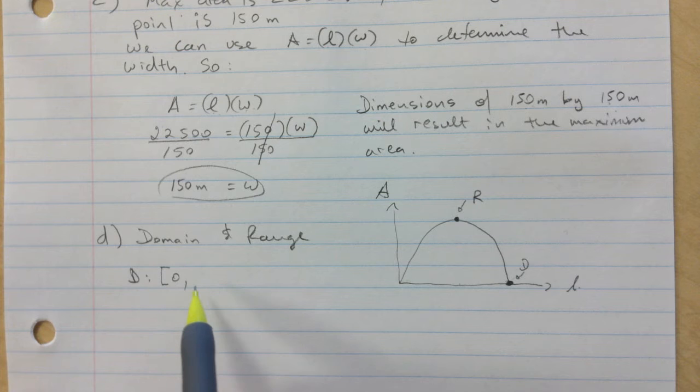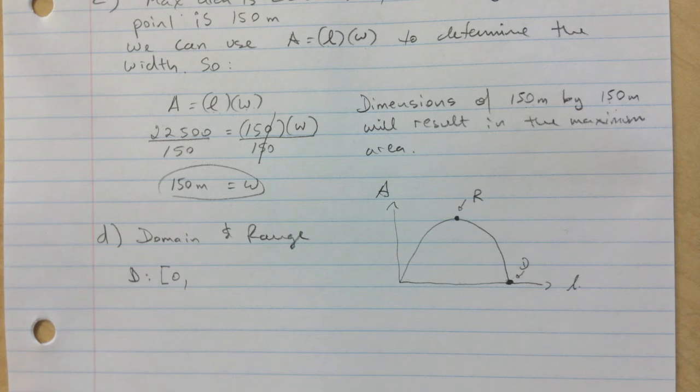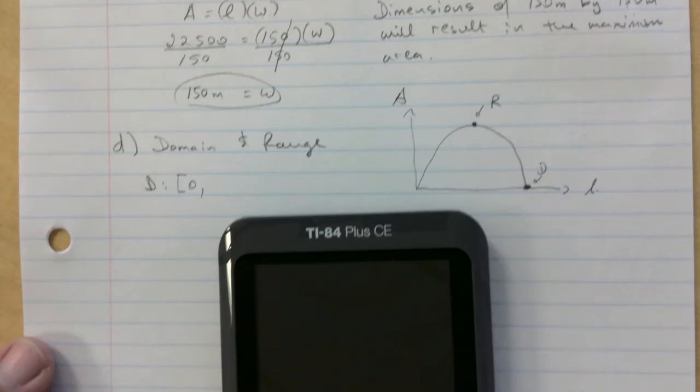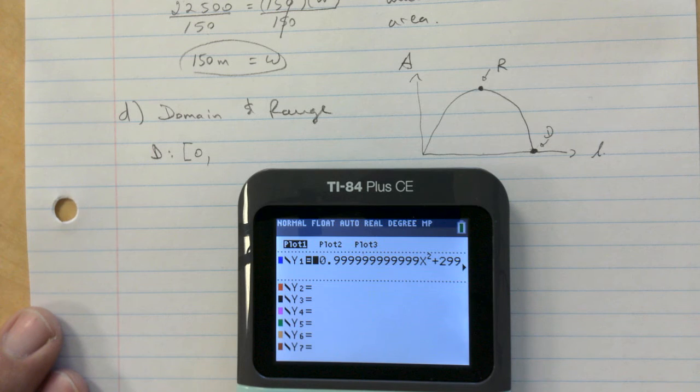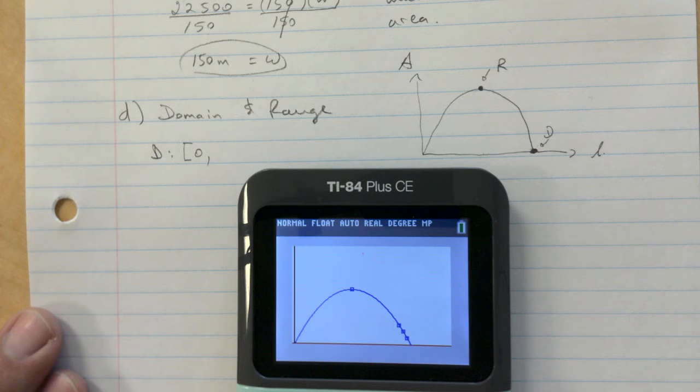So let's go ahead and find the X-intercept. Y is equal to 0. That's close enough. You're closer to this one than the other one. So 300 is the maximum here, the X-intercept.